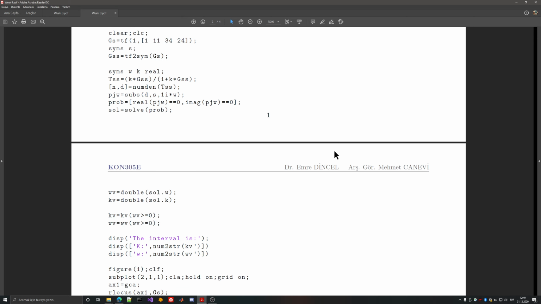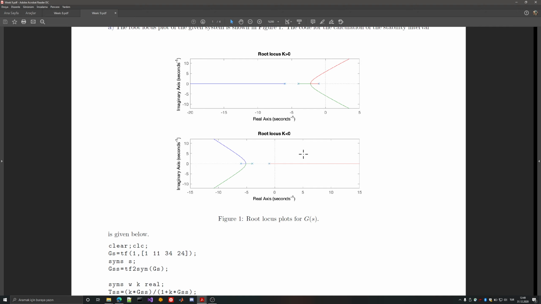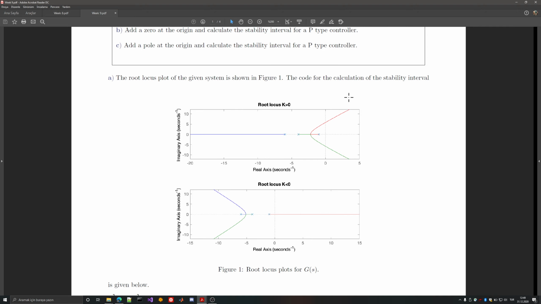Before that, we didn't have any finite zero, so we had infinite zeros at these points here, and they were approaching them. But if I place a finite zero at this point, this will reach this, and the infinite zeros will become here.